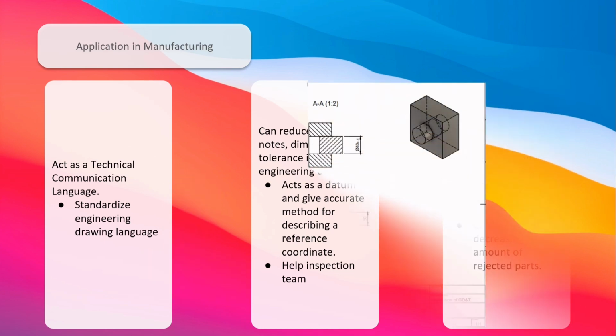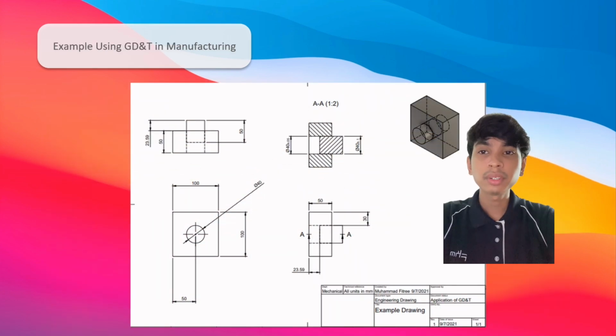Thank you. So, I want to show you how to use a tolerance in drawing. Firstly, I draw a block with a hole in the middle about 40 mm diameter and a cylinder block about 40 mm diameter.